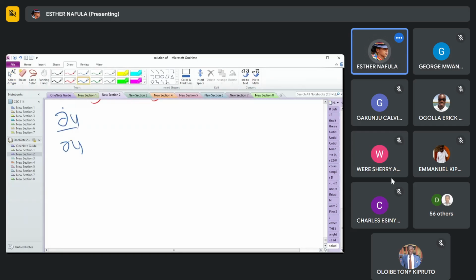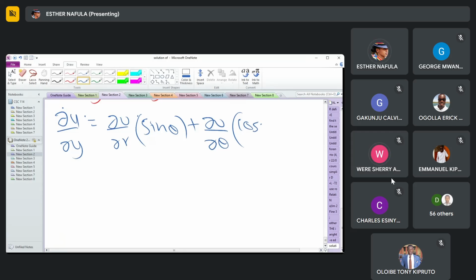Partial u partial y will be partial u partial r times partial r partial y, which is sin theta, plus partial u partial theta times partial theta partial y, which is cos theta over r, plus partial u partial z times partial z partial y, which is 0.